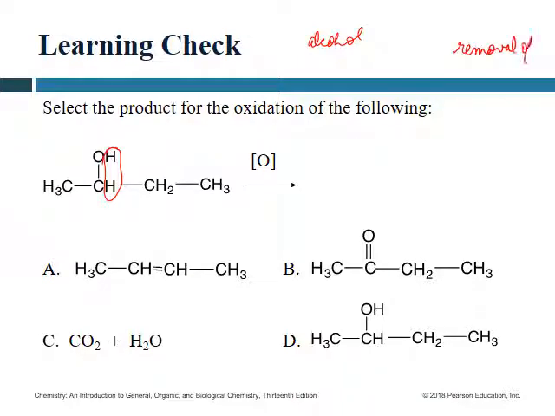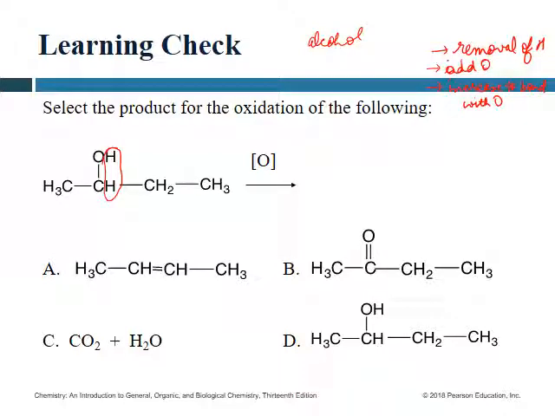and oxidation means removal of hydrogen. You have to remember these definitions. Either you have an opportunity to remove hydrogen or you have an opportunity to add oxygen, that is oxidation, or you increase the number of bonds with oxygen.